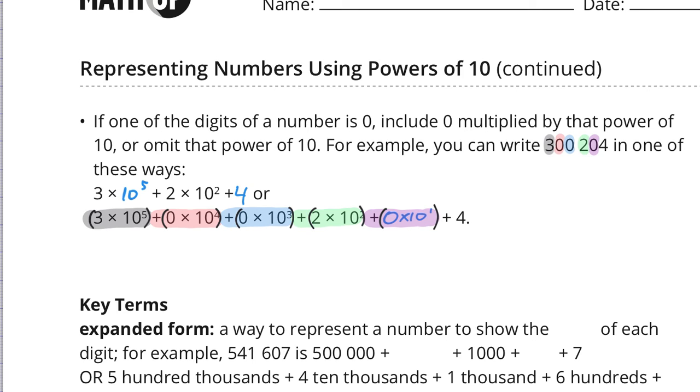So now you can see maybe a little bit easier that we have 3 times 10 to the power of 5, and this becomes this. This grouping here becomes this. This grouping here becomes this green one, and this purple one here becomes this purple one there. All right, let's keep going. We're almost to the end here.